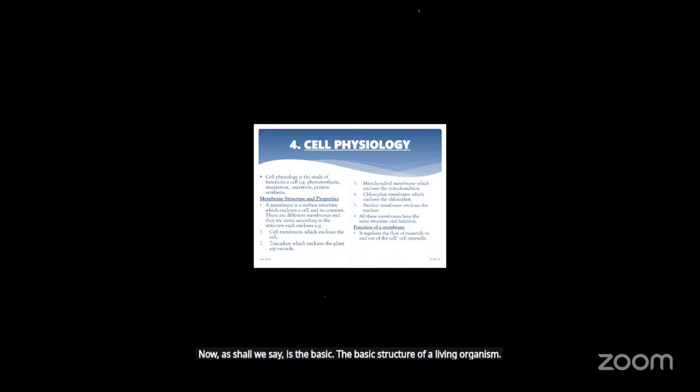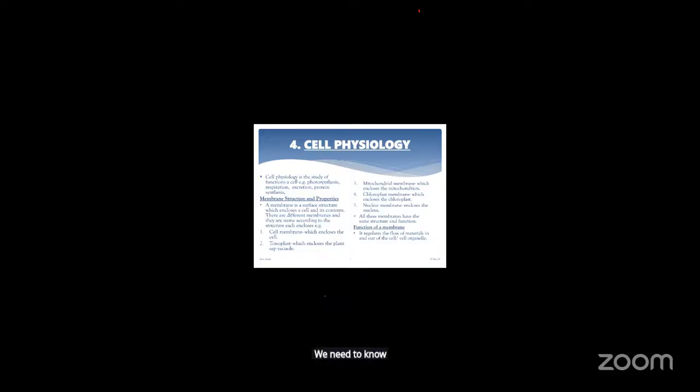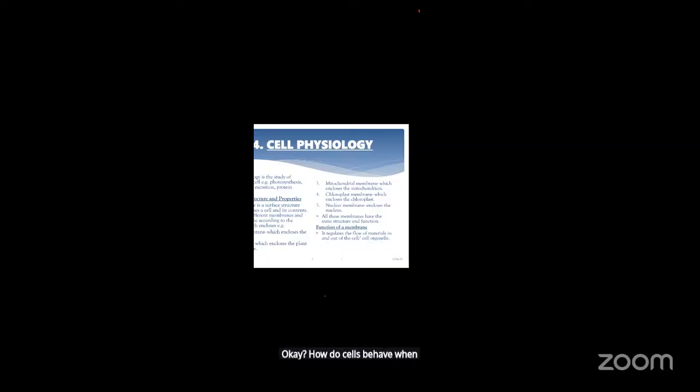Without a cell, we cannot have an organism, because the order is that we have the smallest being the cell, then the tissue, then the organ, then the organ systems, and finally the organism. So we need to understand how cells function and how cells behave when they interact with the environment.